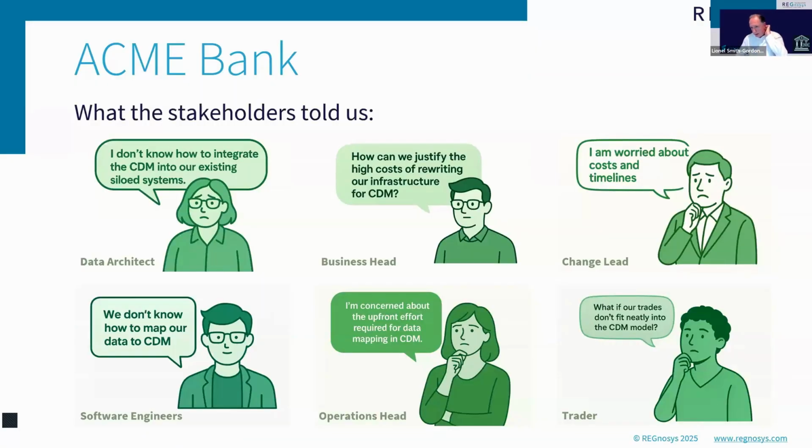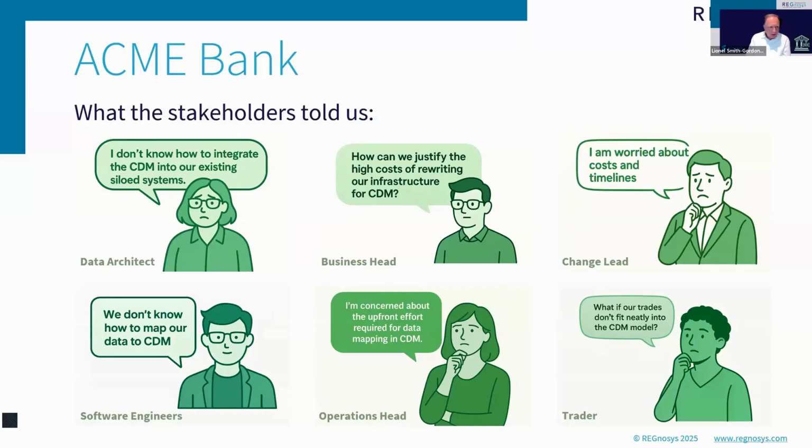So we went to our friends at Acme Bank, and yes, they all look like this because they're fictional characters really. But we went to the stakeholders at Acme Bank, and we asked people in different functions, like I did to you all at the beginning, what are your key challenges and your key concerns in adopting CDM and DRR?